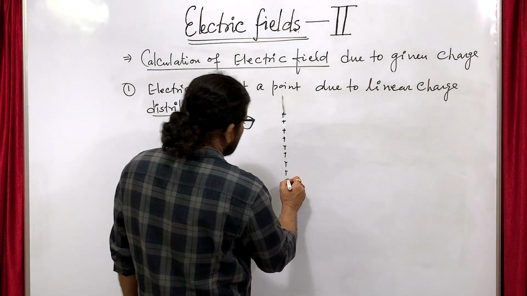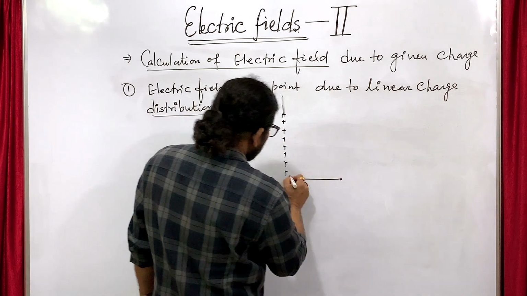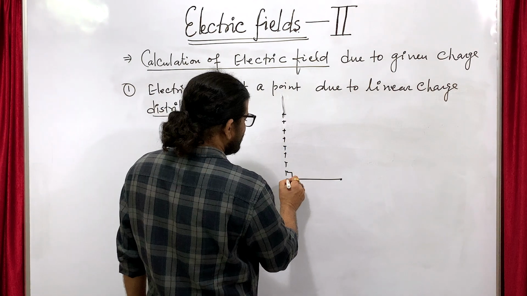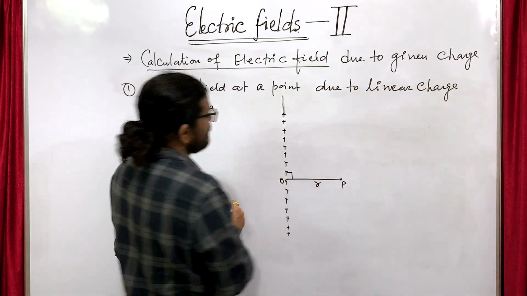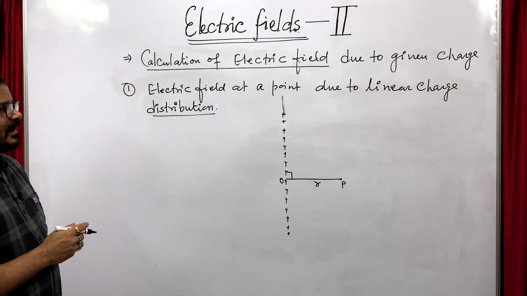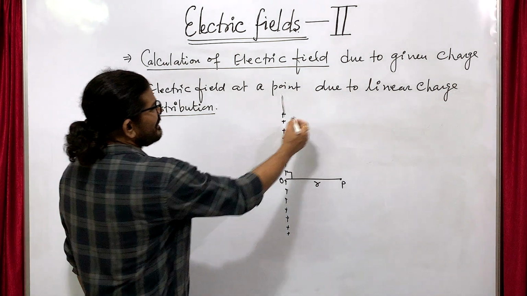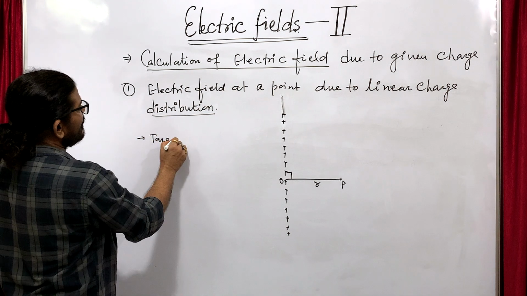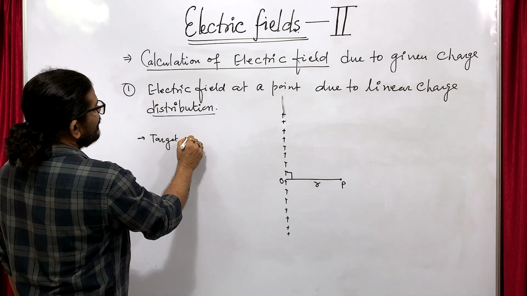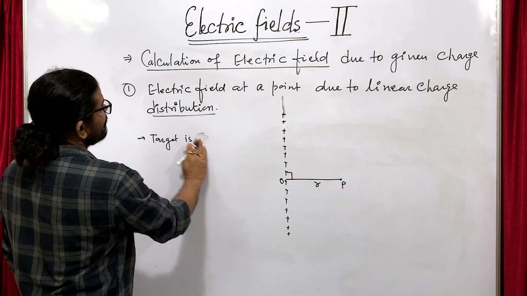Now suppose from here at a perpendicular distance we are taking a point P and the distance is R. Our target is EP.